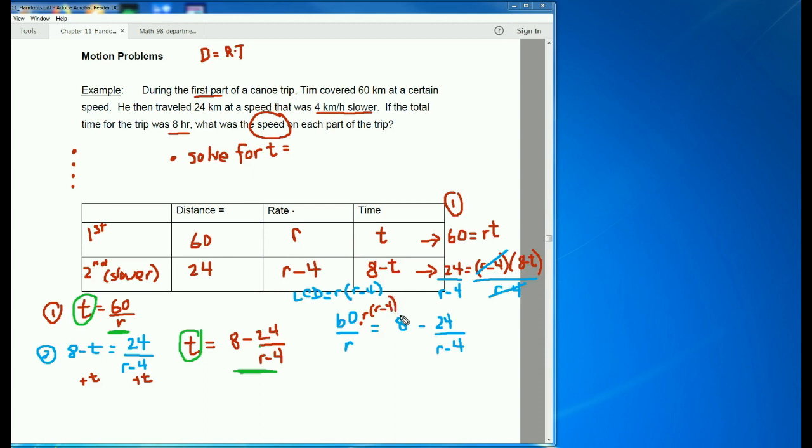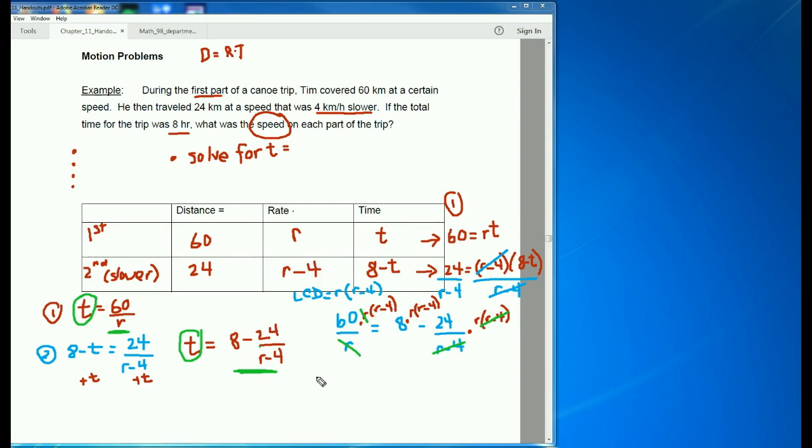So I'm multiplying the first term, the second term, and the third term. The whole point of this technique is that we can cancel out the denominators. For example, on this one, this r cancels this r. On this one, nothing cancels. On this one, the r minus 4 and the r minus 4 cancel. So then we just see what we have left.